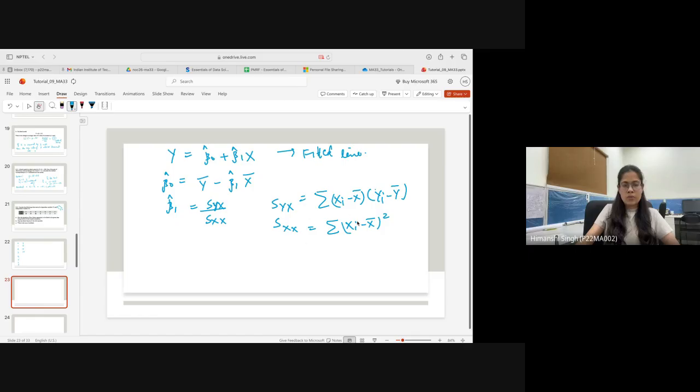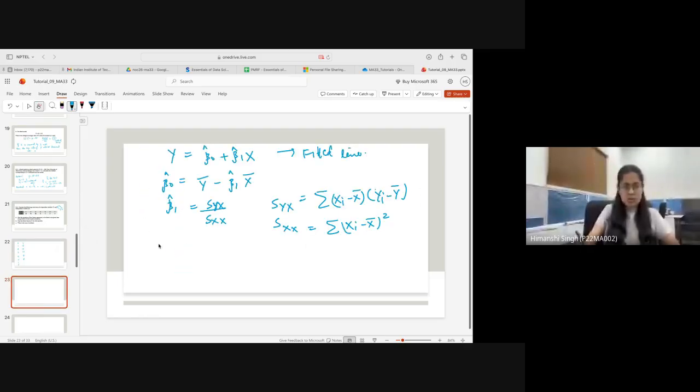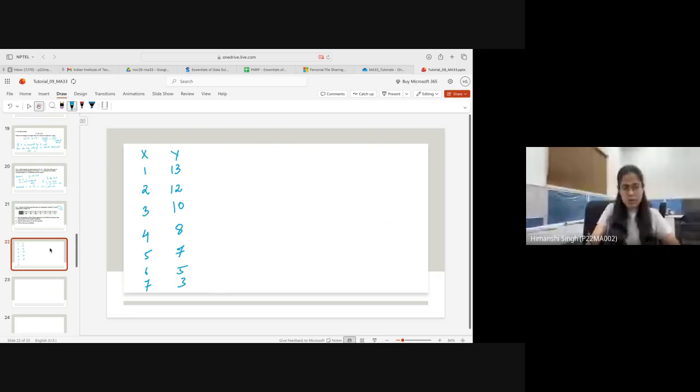Fine. So for this, I need x bar, I need y bar, and I need xi minus x bar and yi minus y bar. So first of all, this is x. What will be x bar here? 1 plus 2 is 3, 3 plus 3 is 6, plus 4 is 10, plus 5 is 15, plus 6 is 21, plus 7 is 28.